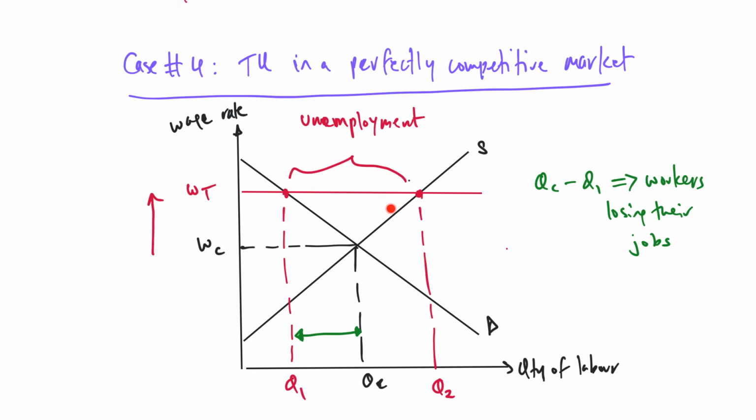This time there is a surplus of workers because more workers want to work than the employer wants to hire, and that's why Q2 minus Q1 is the level of unemployment. But compared to the previous case, these were the people working, now only these ones will be working. So these many people are losing their jobs. The level of employment has gone down from QC to Q1.